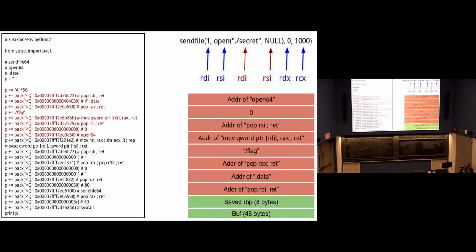The value will be in RAX, right? Then we need to move RAX to RSI. However, we do not find a gadget like mov RSI, RAX; return. We do not find that gadget. Instead, we find this weird gadget that shifts and repeats this several times.